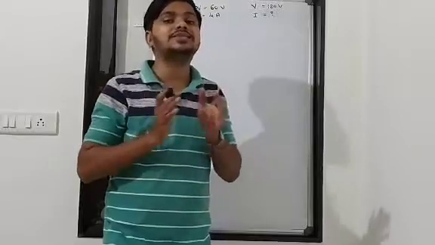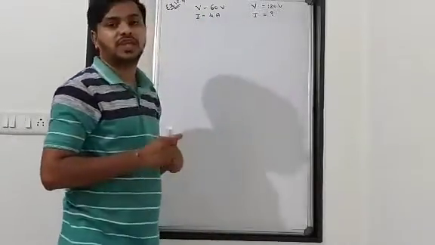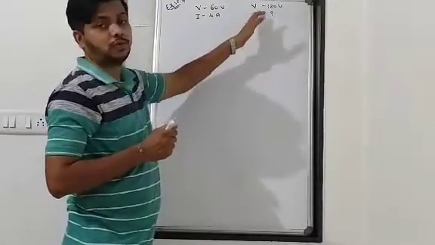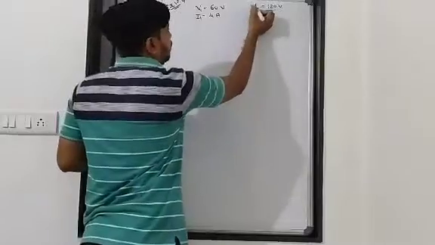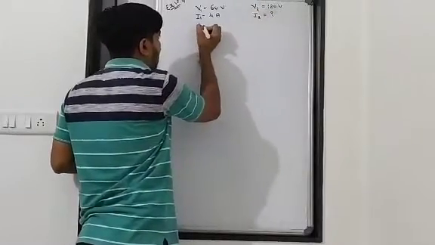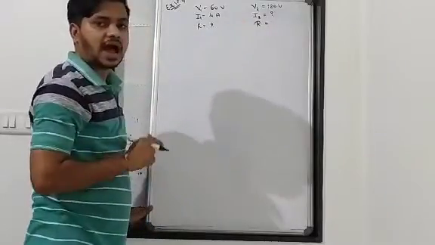So you can easily find out the resistance, and this resistance is the same for both voltages. If we are taking V1 and I1, then V2 and I2, but R is the same for both.